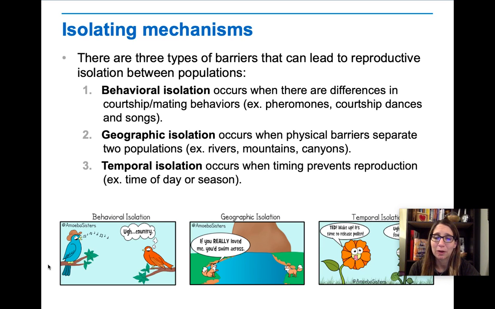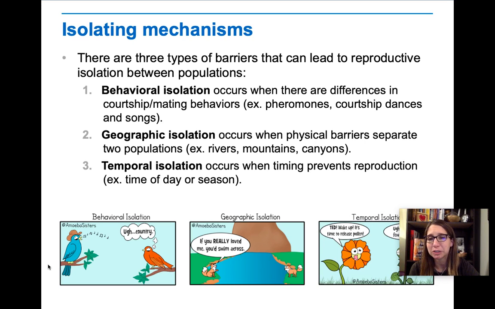So when we think about behavioral isolation, my mind always goes to birds because they are kind of the best at doing this. But what that means is that based on the song, based on a dance, based on the physical appearance, they're going to be very selective and very particular about the types of birds that, for example, a female bird would find attractive in a male.